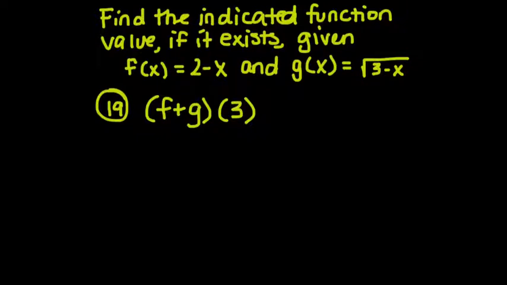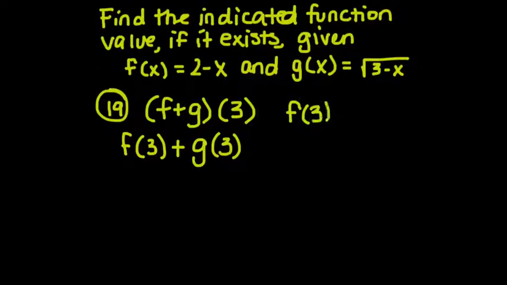F plus g of 3 is the same as f of 3 plus g of 3. So if I first find f of 3, that means instead of taking 2 minus x, I will take 2 minus 3. So f of 3 is negative 1.